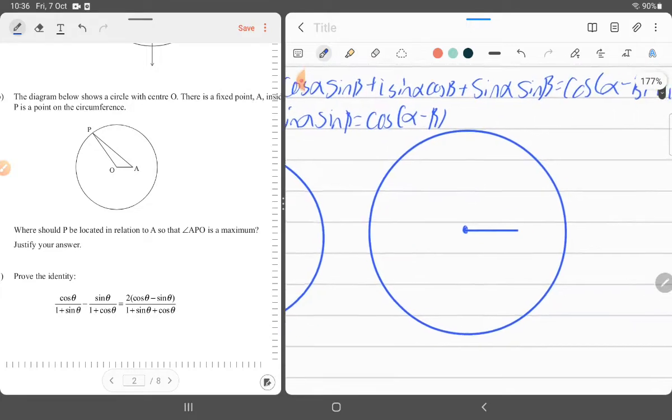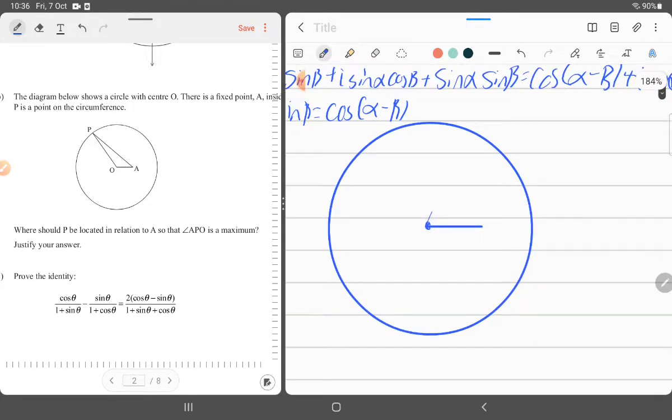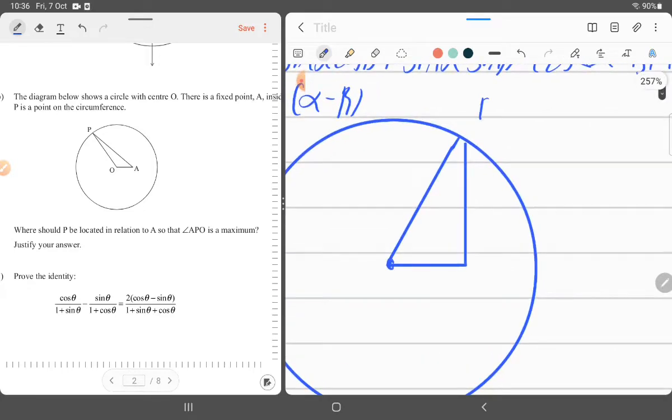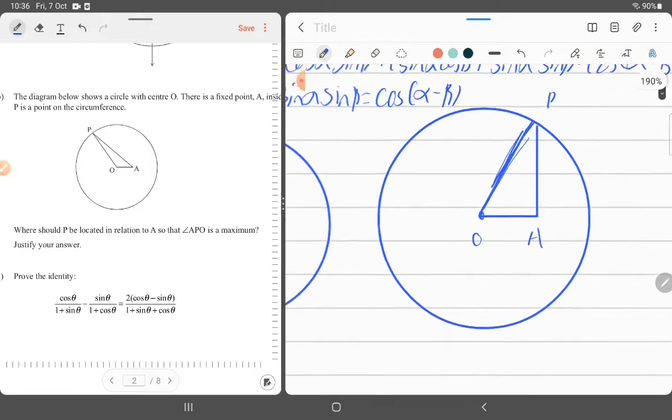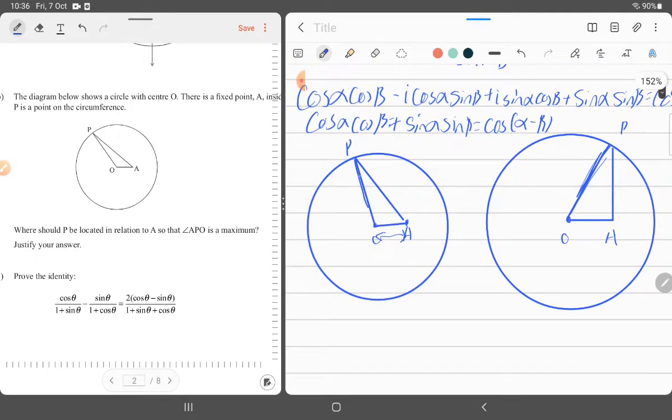Even if point P goes around to, let's say, here, let's just extend that. Even if point P goes to here, OA is a fixed point, so it's still the same, and this distance is still the radius, and this distance is still the radius.